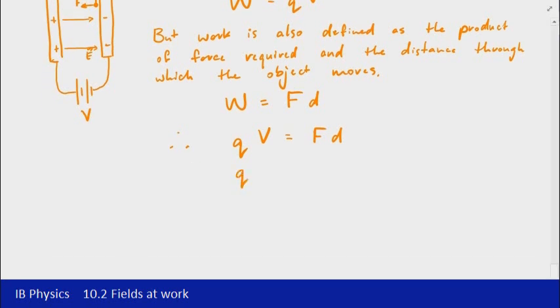And you will recall, we just saw above, that that force can be expressed as Q times E. So just putting in brackets to highlight that, the force here is Q times E. Notice we've now got Q on both sides, so we can cancel the Q's, and we're left with V is equal to Ed.